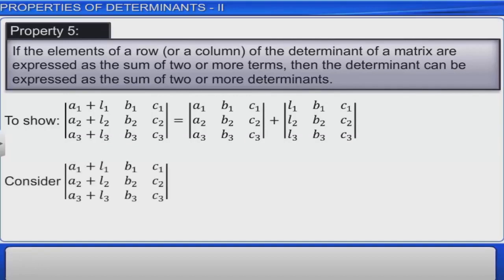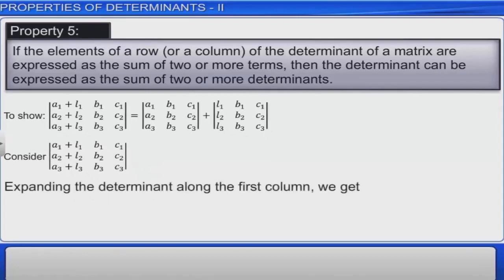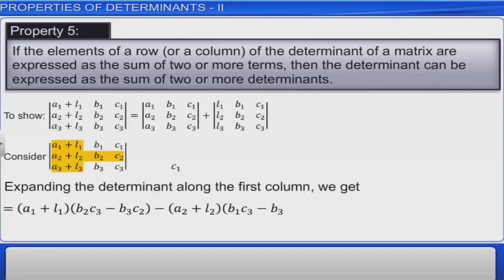Consider the left-hand side. Expanding the determinant along the first column, we get (A1 plus L1) times (B2C3 minus B3C2) minus (A2 plus L2) times (B1C3 minus B3C1) plus (A3 plus L3) times (B1C2 minus B2C1).